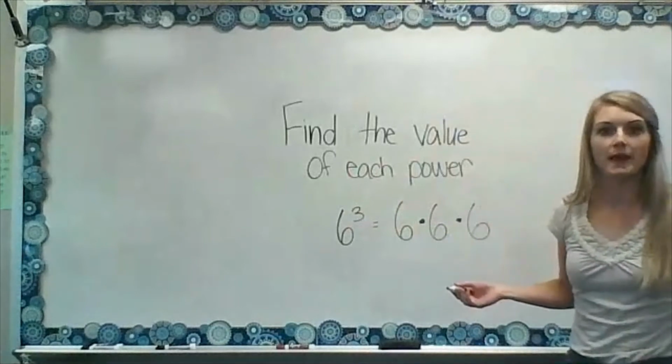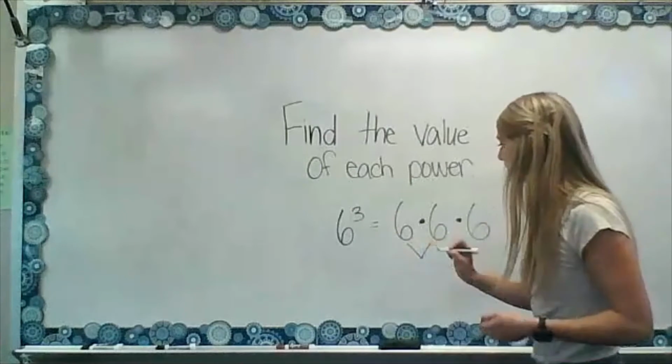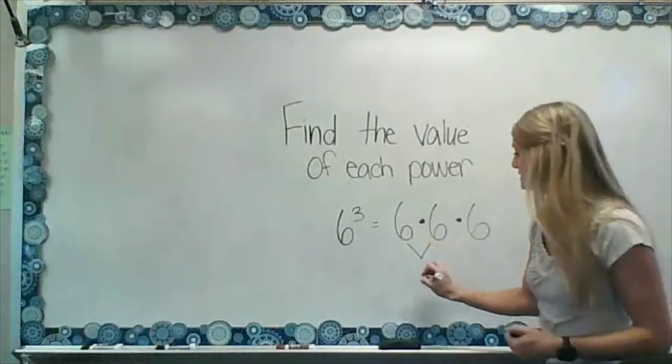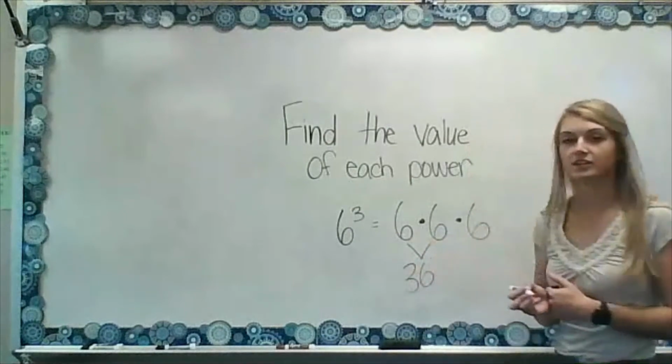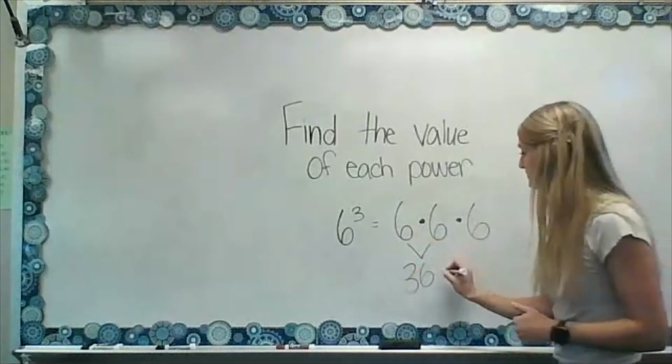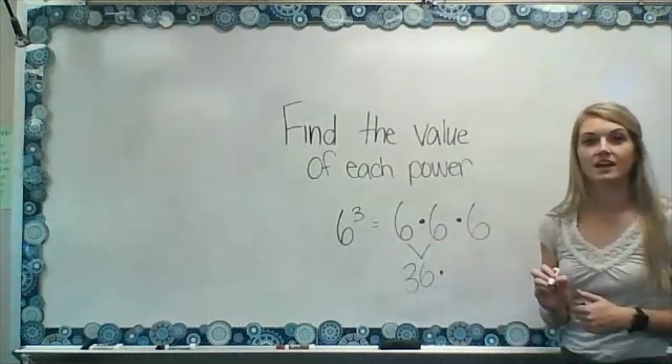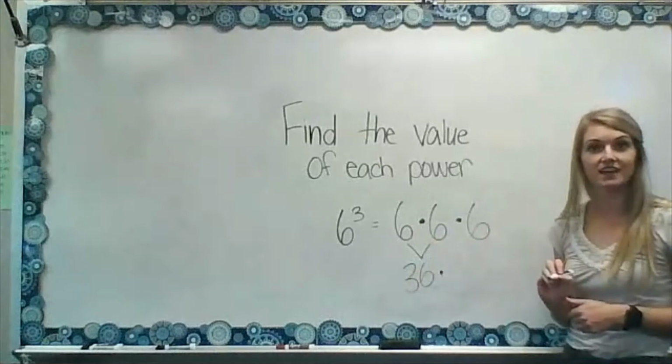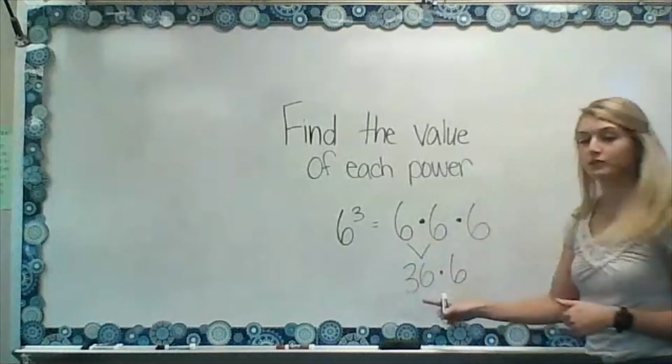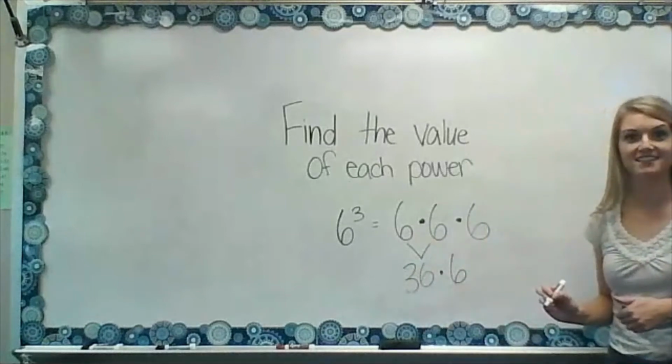And then we just multiply, right? 6 times 6 is 36, okay? And then we have one more 6 on the end, okay? So we do 36 times 6.